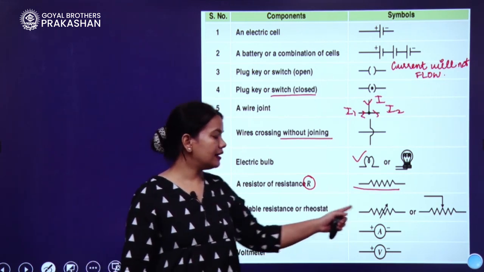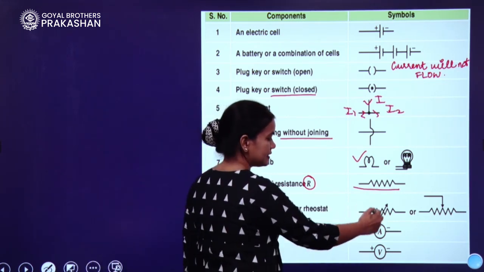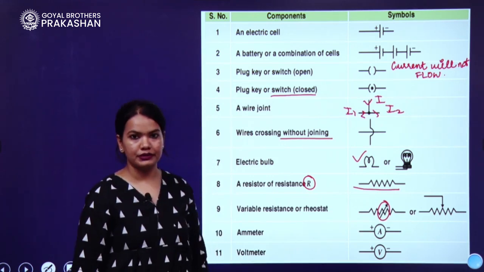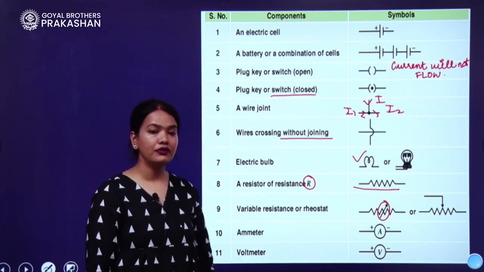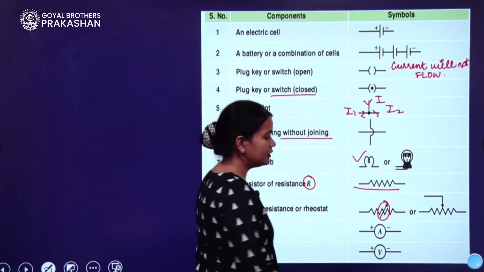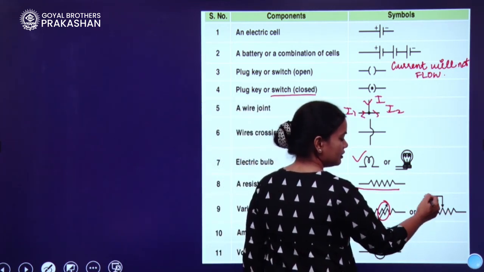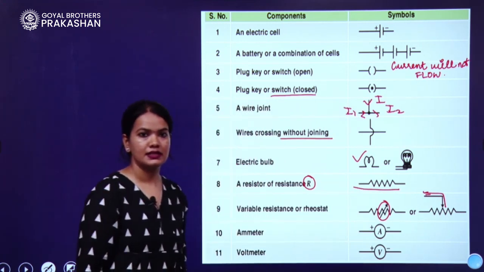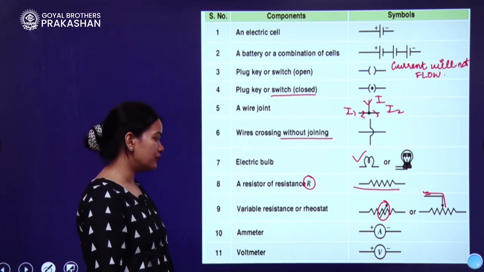Now, how is the variable resistance shown? A zigzag line with an arrow on the top. That is the representation of variable resistance. Then for a rheostat, you have this line going over the resistance. That is the representation of a rheostat.